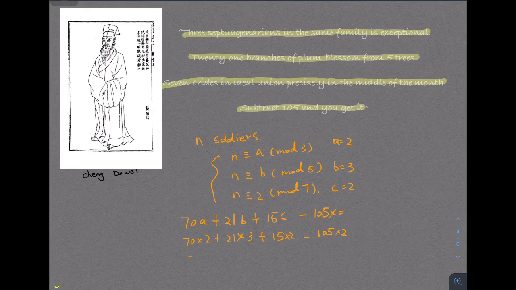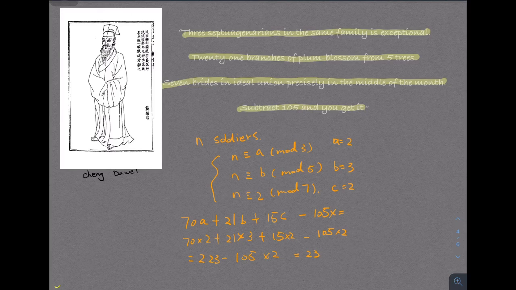Which we're going to have 233 minus 105 times 2, and it will be equal to 23. So now we find our answer. The least number of soldiers in the army will be 23.